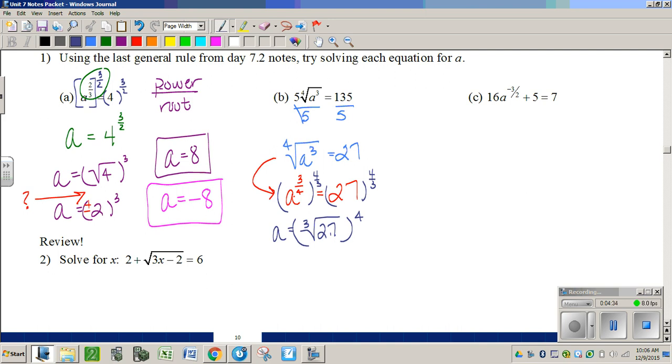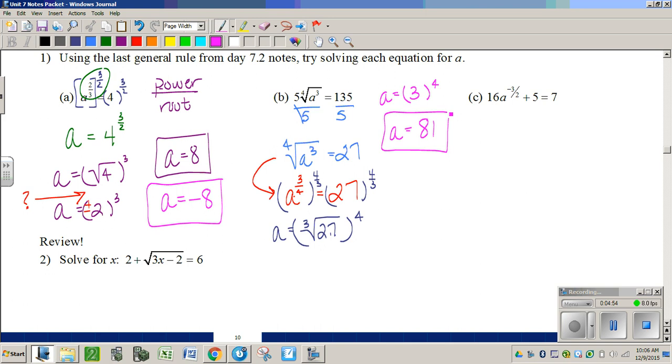If you take the cubed root of a negative number, then your answer is going to be negative. So you're not going to write plus or minus 3 when you answer this question because the cubed root of 27 is just positive 3. So we now have 3, and we're going to raise that to the 4th power. So we only have one answer for this one, and it's just 81.